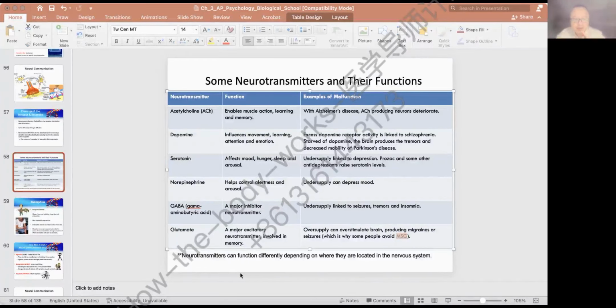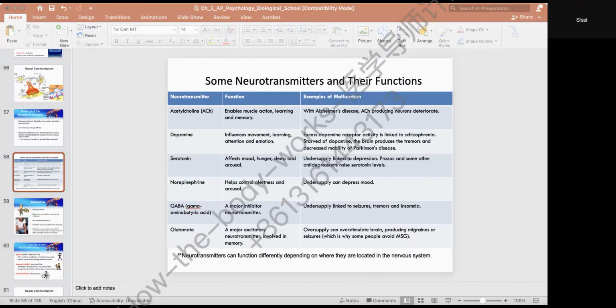So in this slide, I can ask you, which kind of people should avoid MSG, monosodium glutamate? People who work too much, maybe. Yes, I think firstly people who have some genetic problem of headache or migraine.